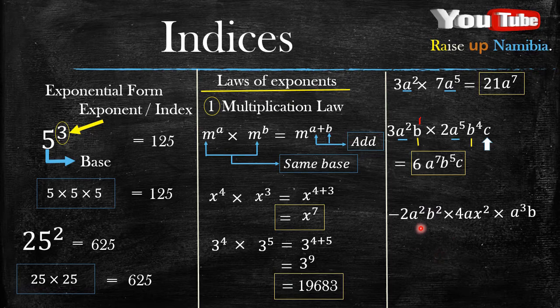So what do you do when you have something like this? In this instance, we have like 3 parts. Like the first part multiplied by the second part multiplied by the third part. So what do we do? First of all, let's focus on the number part.